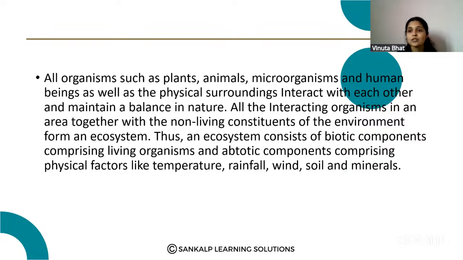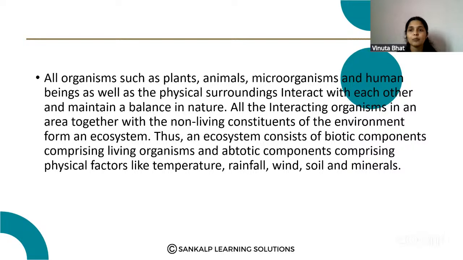So in that ecosystem there is an interaction between the living and the non-living constituents of the environment that constitute the ecosystem. So in the ecosystem, what are the main components? Biotic components and abiotic components. Biotic components are organisms, microorganisms, etc. Abiotic components are temperature, rainfall, soil, minerals.